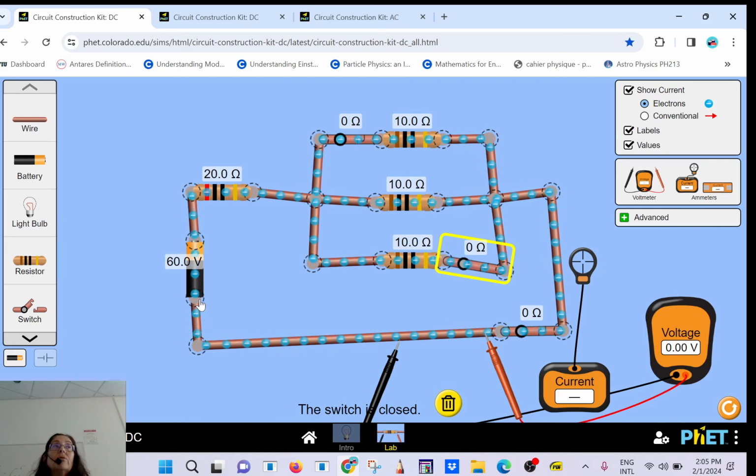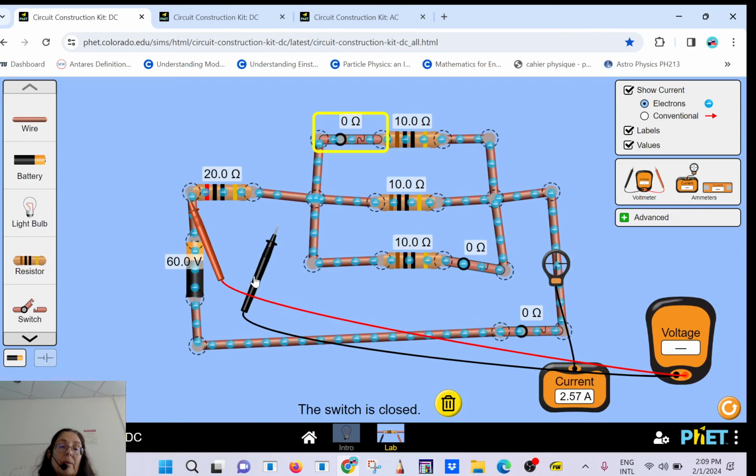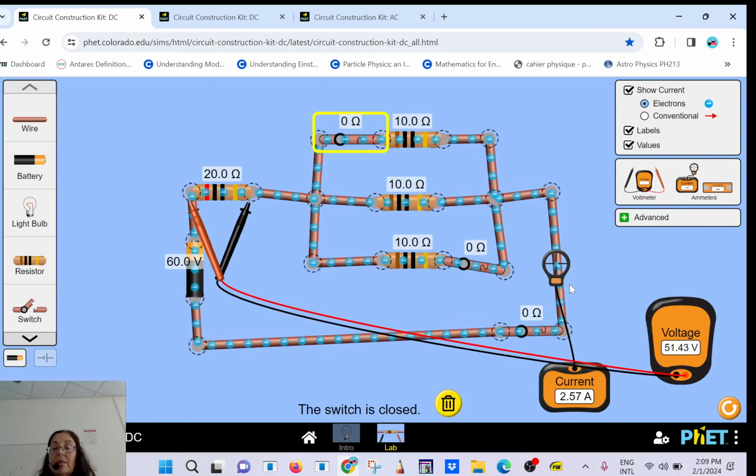Is that clear? So once you have the current here, you can find the voltage drop across the 20 ohms. So you do 20 times 2.7. You get something like this. It depends where you put your drop, it doesn't matter the sign. So that will be 51.43.